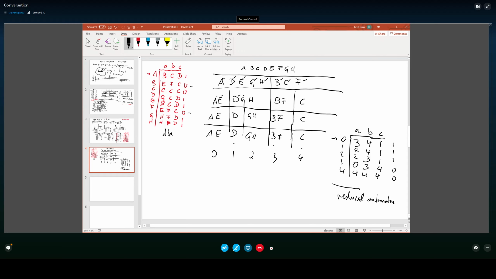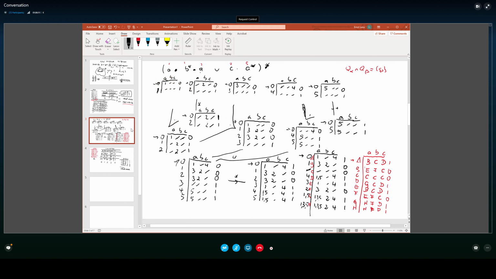Professor? Yes? Can you go back to slide 3 and explain to me again how C concatenated with A star will give you state 0 is rejected? Well, because you look at the initial state of the second automaton.